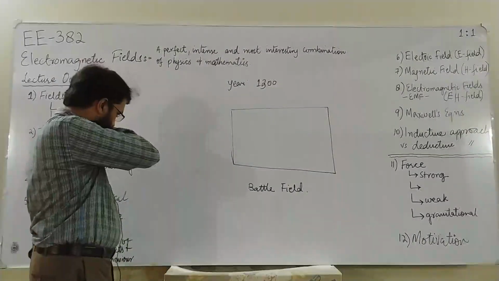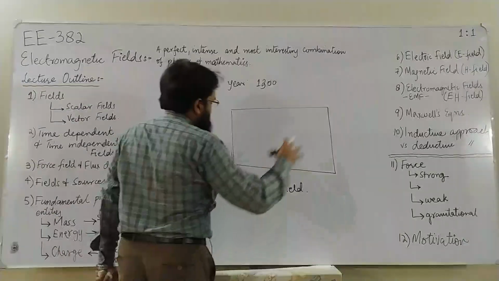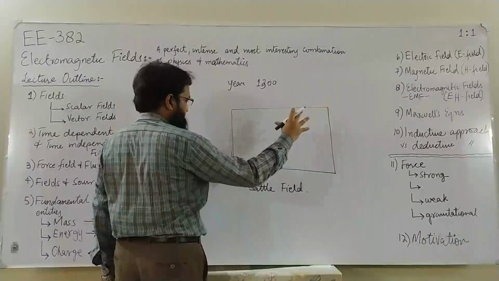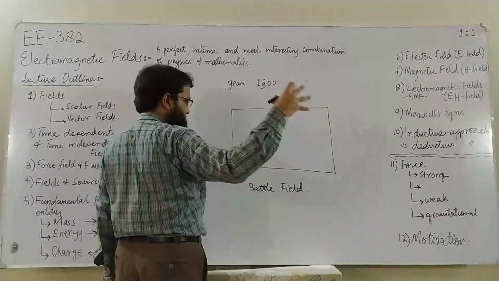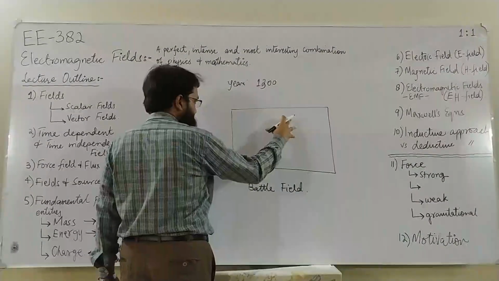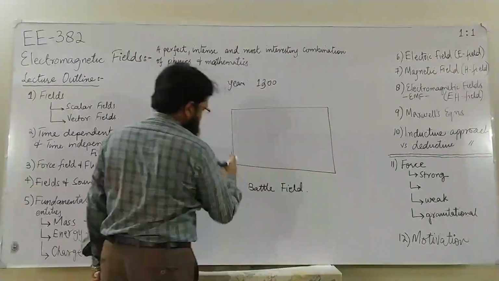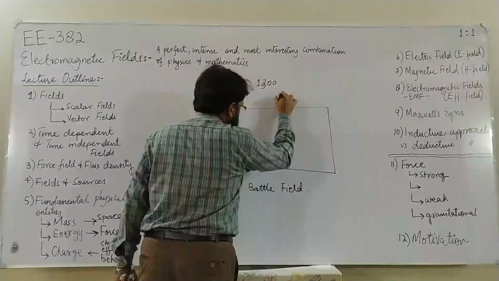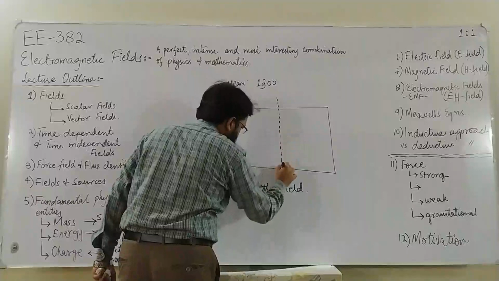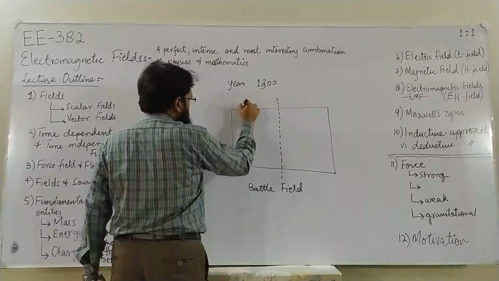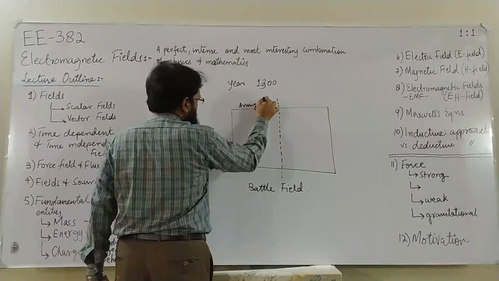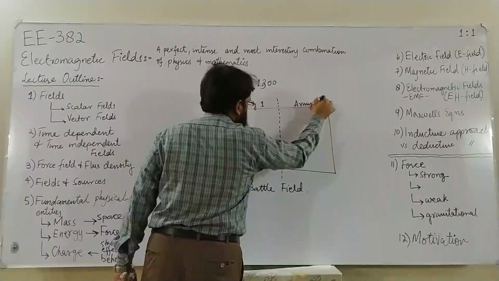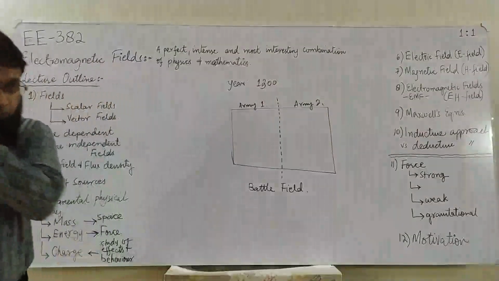All right, so what you should expect, we are looking from the top, from the sky onto the earth, and let's say this is a bounded region where the battle is happening, and let's say there is an imaginary line, and here we have army number 1, maybe Ertugrul, just kidding, and army number 2.